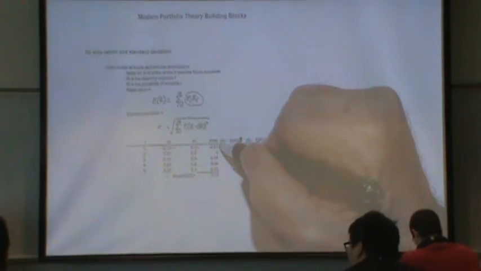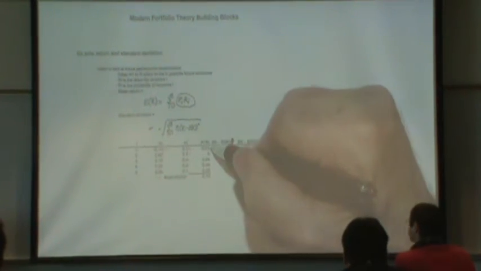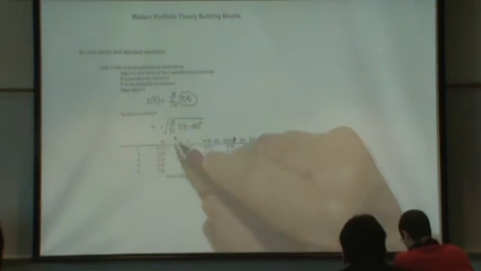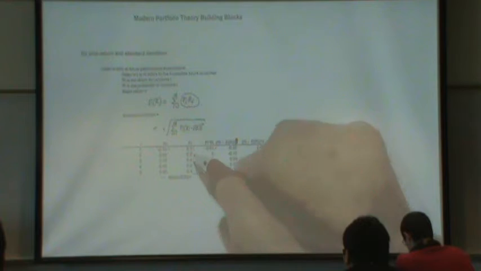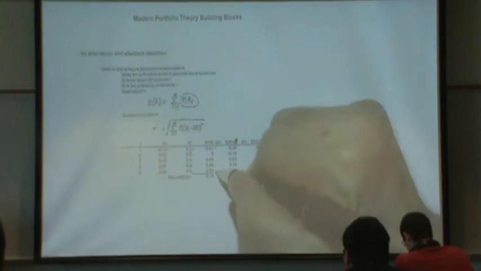So 0.1 times 0.1 is 0.01, and this is negative, so it's negative 0.01. The next one is 0 times 0.2, and that's a 0. Then we've got 0.1 times 0.4, that's 0.04. The next one's 0.04. The next one is 0.03.